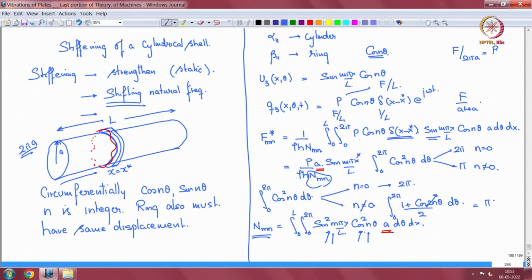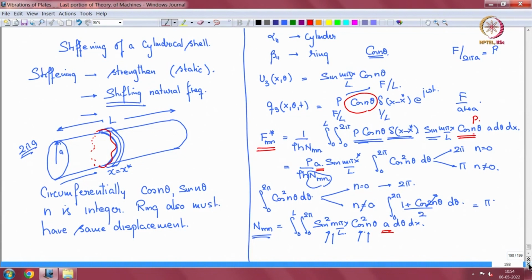Given that this forcing was at cos n theta, what I should have done is chosen a cos p theta, then shown that if p is not equal to n, fmn is 0. So p has to be n in order for the response to happen.